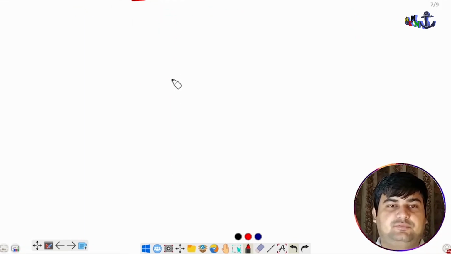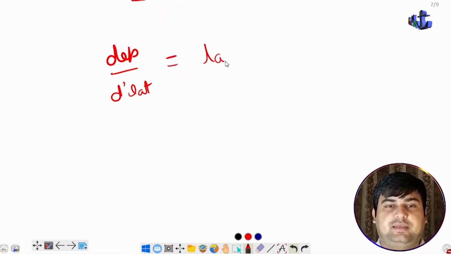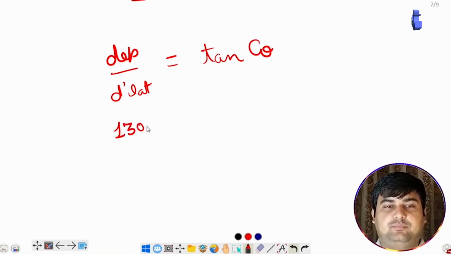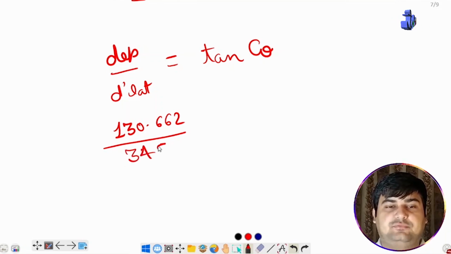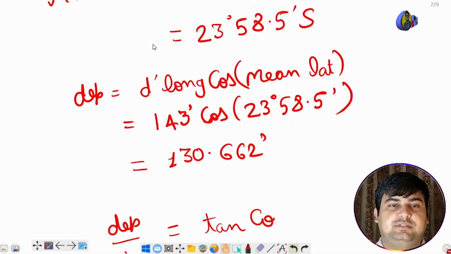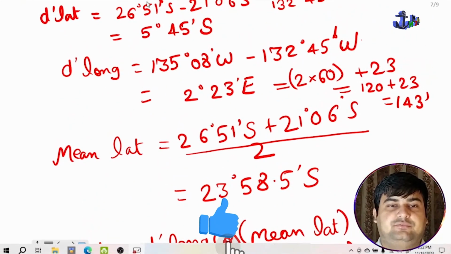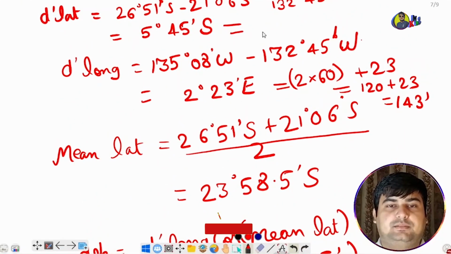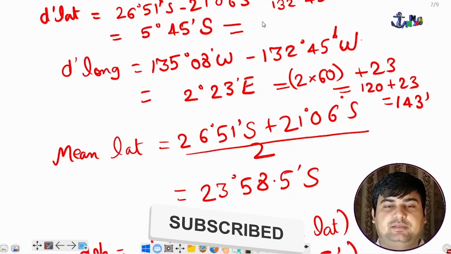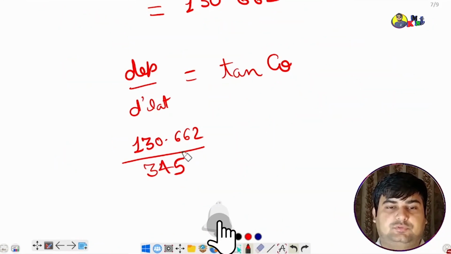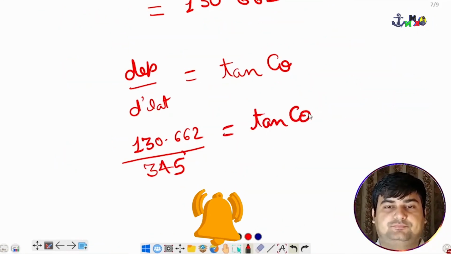After that, we will apply the formula departure upon dlat is equal to tan course. So departure is 130.662 divided by dlat, which is 345. So we will again convert this dlat to miles. So it will be 345 miles. So this will be equal to tan course.